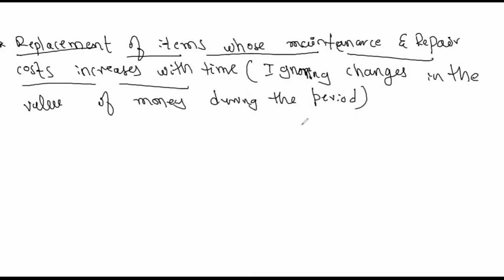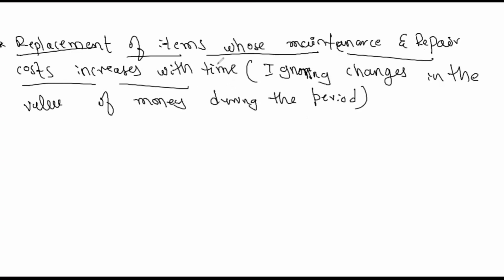In initial years we have a certain cost, and after that there is an increase in the cost of the same vehicle of the same brand. We are not considering the new cost at the time of the beginning of our old one. What we had, that cost only we consider. If there are any changes in money or in the costs, we are ignoring them. So the first model is the replacement of items whose maintenance and repair costs increase with time.